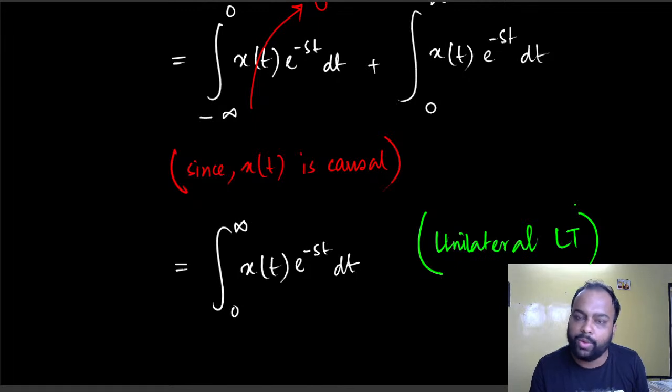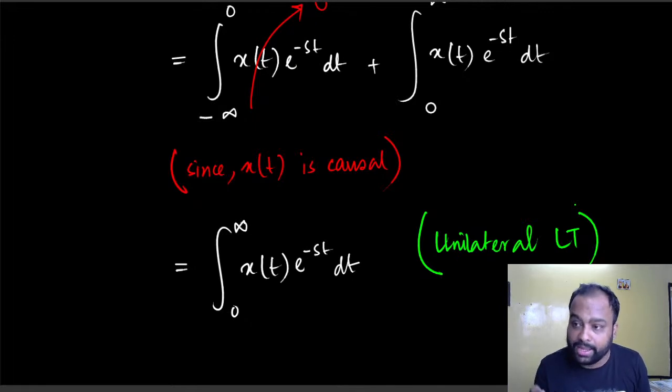And they do not even talk about the bilateral Laplace transform, because when we only talk about causal signals, we do not have to talk about bilateral Laplace transforms. And again, if you are only talking about causal signals, we also don't have to talk about the region of convergence, because by default there will be only one possible answer, right?